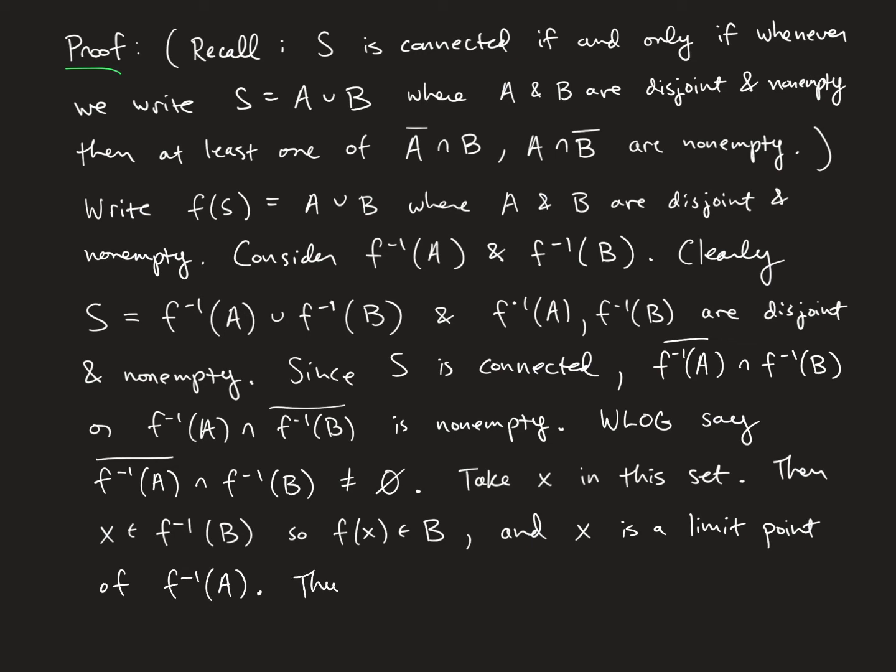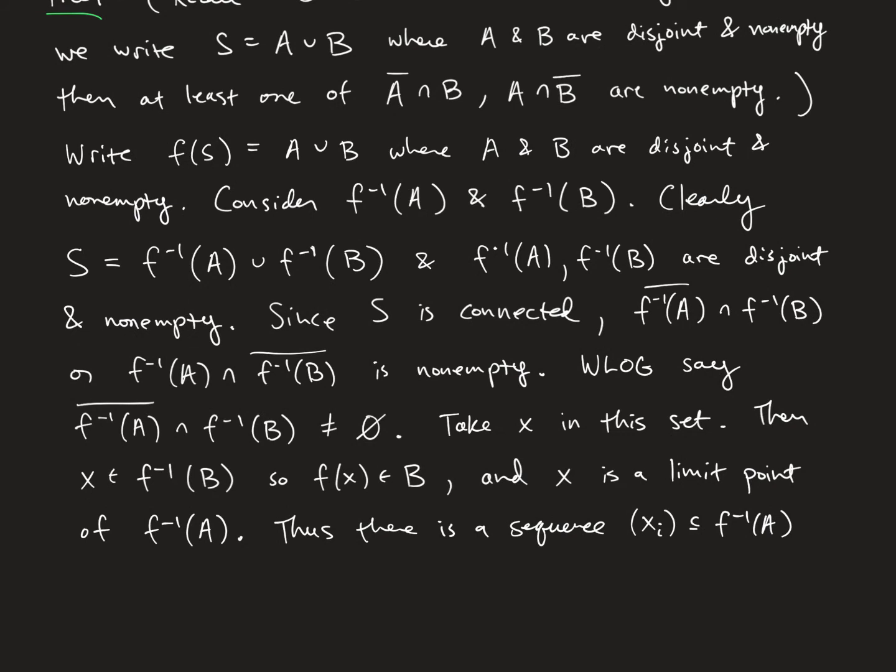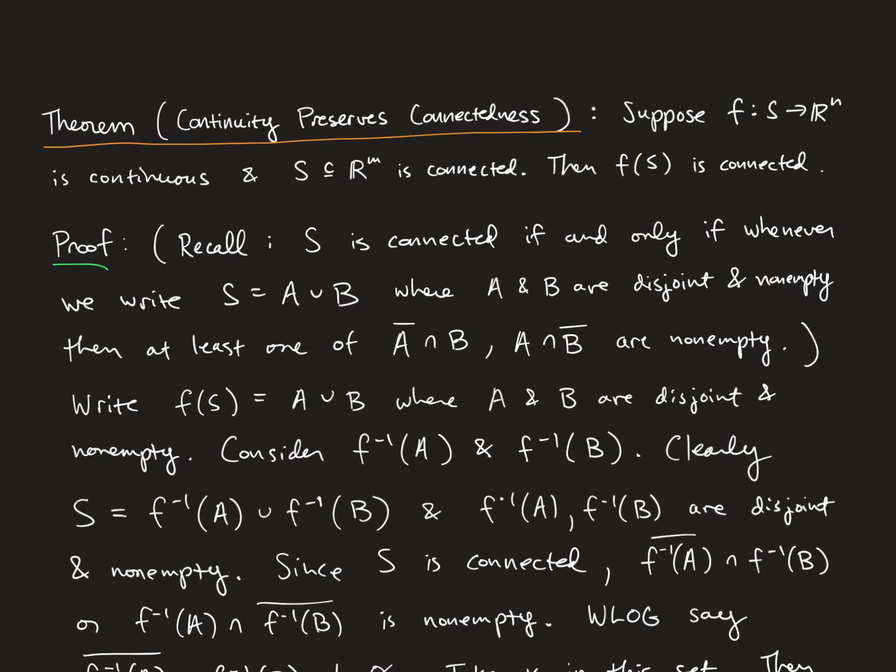So thus, there is a sequence of xi contained in F inverse of A such that that sequence converges to X. But then this is where the continuity of F comes in. We've done a bunch of work over in the domain side, but ultimately we're trying to show that F of S is connected.